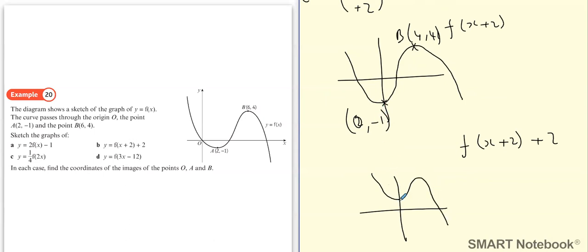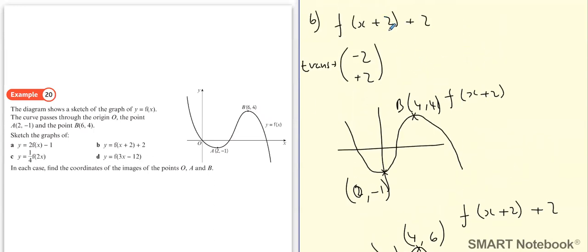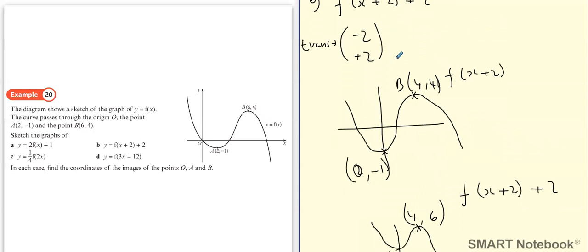What was that minus 1 will now go to 1. And what was previously at a height of 4 will now go to 6. Are you happy with that for part B? Okay, so if there's no multiplication inside or outside, it's just shifts. That's the key thing.